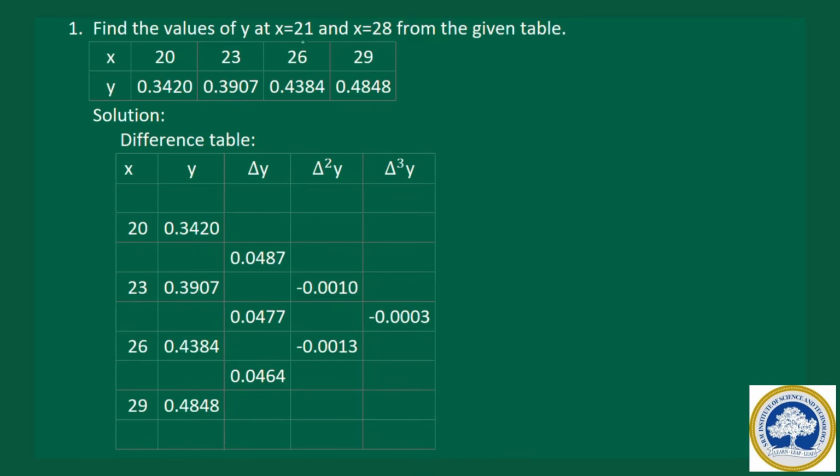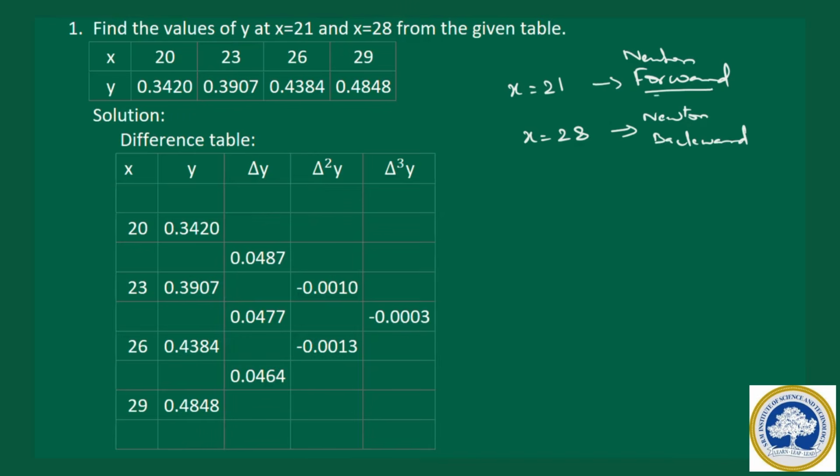So for 21 we have to use the forward difference formula, and similarly for x equal to 28, we have to use the Newton backward difference formula, right?